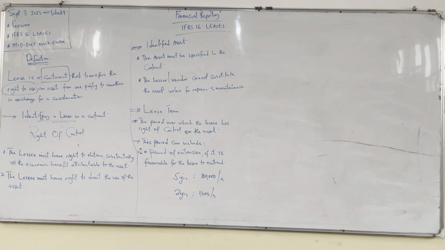What is important for us is right of control, which you are going to see. So there are a lot of things that can happen. In fact, there are some where they will have agreed in the contract that after 2 years, I will increase it. They will have agreed a lot of things.